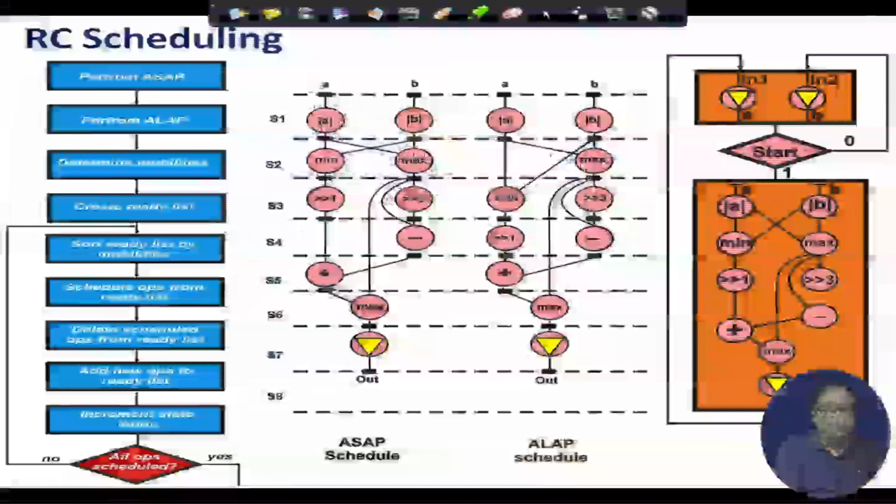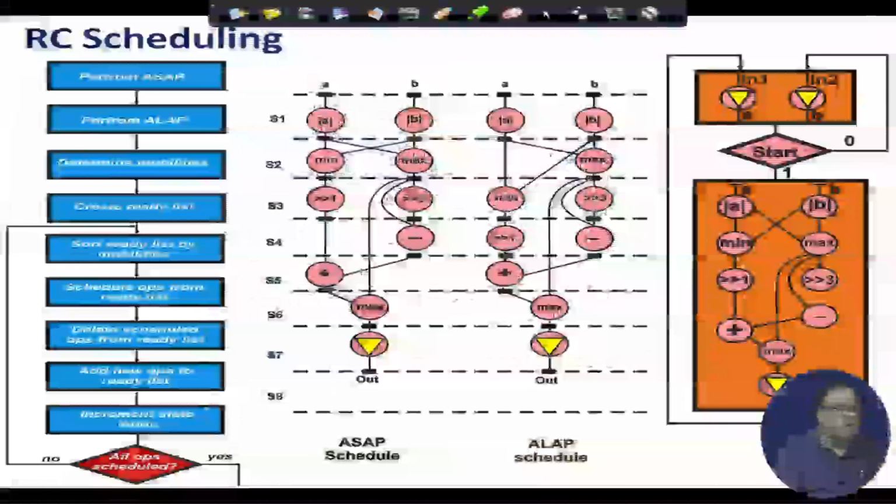Now, shift has got lesser mobility. Therefore, this shift will be scheduled, and then I have got my ready list. So, I will schedule min also, because as soon as I come here, min has no further mobility. Therefore, min will be scheduled. In that way, we go on in the list scheduling algorithm. That is how the scheduling is done.